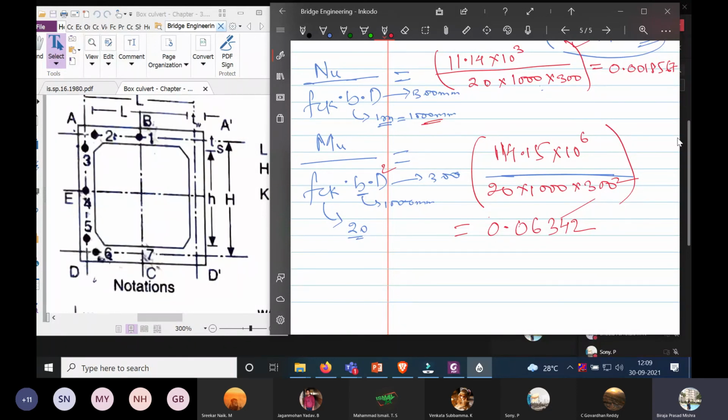Now these ratios we need in order to find out the reinforcement details, which we will learn in the next class.